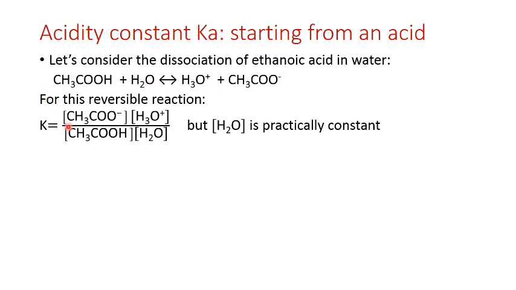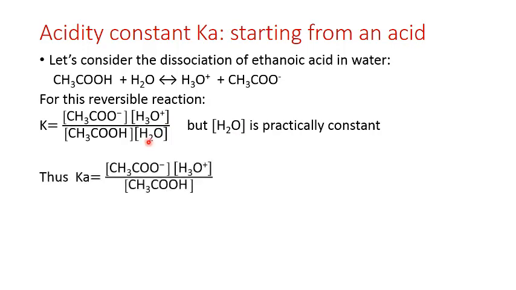So simply K will be the concentration of the product CH3COO minus multiplied by the concentration of the second product, over the concentration of each of the reactants. But water in this case practically has a constant concentration. So we can eliminate water from here and replace it by a constant. We obtain thus what we call Ka.